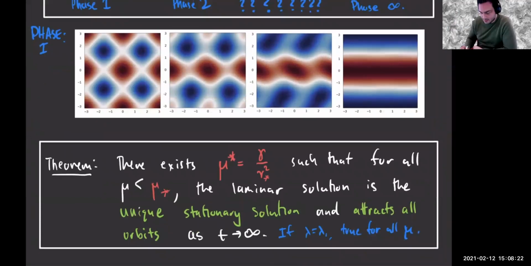The theorem is that there exists some critical value such that for this Grashof number less than that critical value, this is what happens. And remember that if this force is the largest-scale force that occupies the domain, so it corresponds to the smallest eigenvalue, then this statement is true for all mu. That's the one case where this is always true.